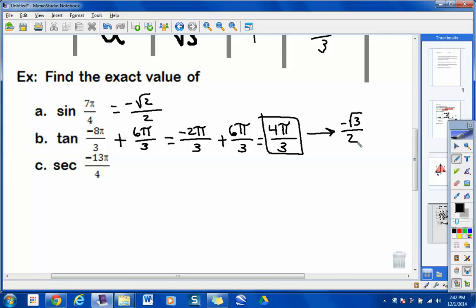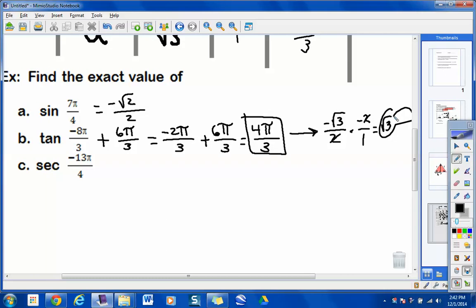I want to multiply by its reciprocal. So really we're going to multiply this by negative 2 over what? Quick question here. What are the 2's really going to do to each other? The 2's will really cancel, and you really have a situation where you have a negative times a negative, right? Which makes this a positive, so it's going to be positive root 3 over 1, which would just be root 3. Okay? Well, that does not look very nice.